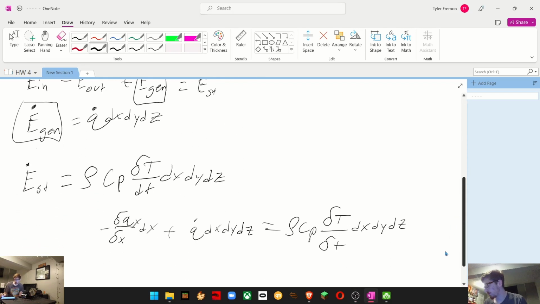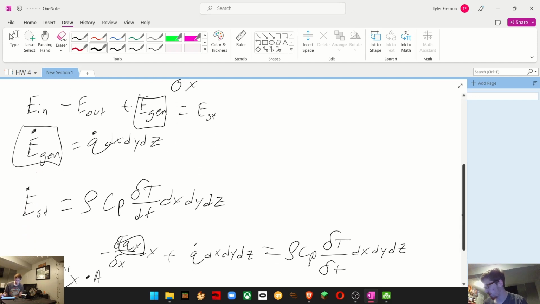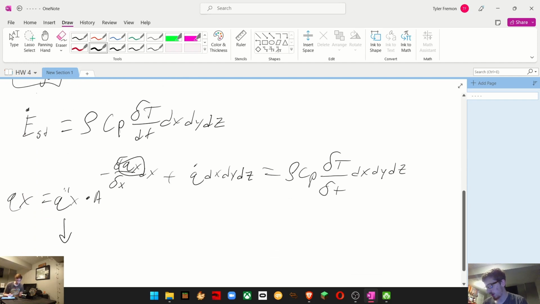So we do have a formula for this q x term right here, which is just Fourier's law of thermal conduction, and it is expressed as q x is equal to the second differential of q x times the area, and this can be further broken down to a rate constant, well, really a negative rate constant because the heat is being conducted, it is leaving a point to go to another point, times the difference in temperature with respect to position, times the area of that face.